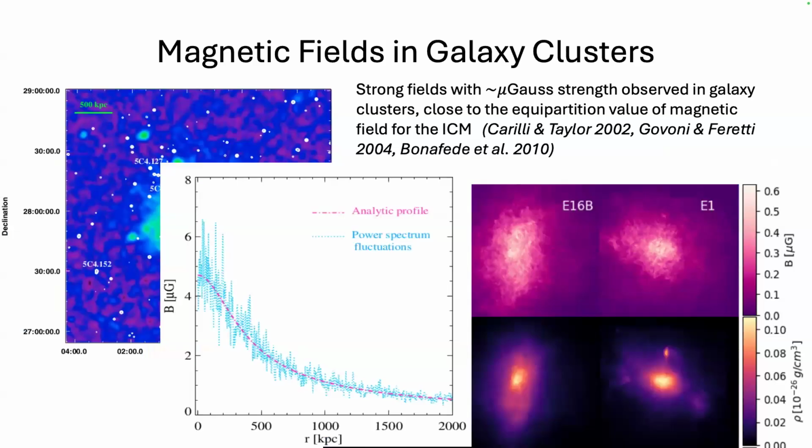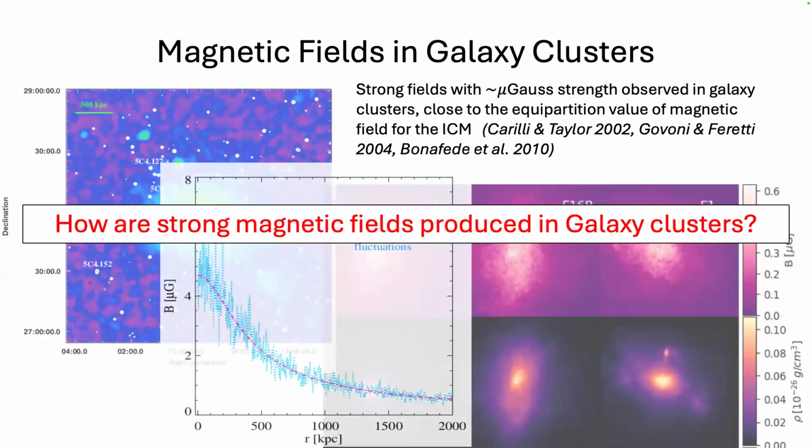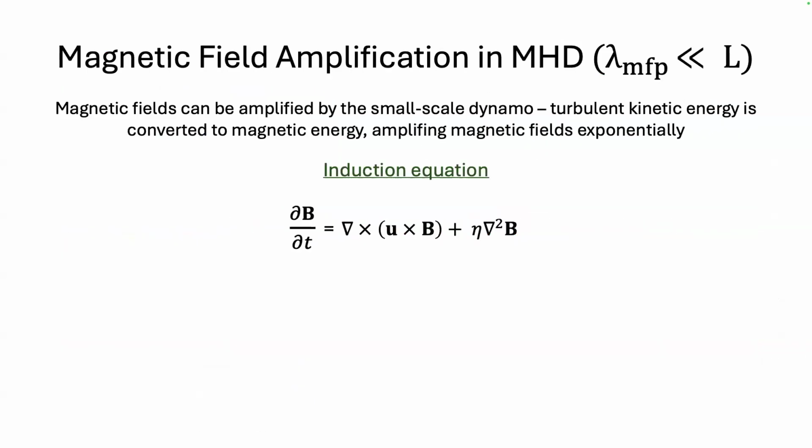So again, coming back to magnetic fields, we have these extremely strong fields and megaparsec fields. And the question is, how are these strong magnetic fields produced consistently in galaxy clusters?